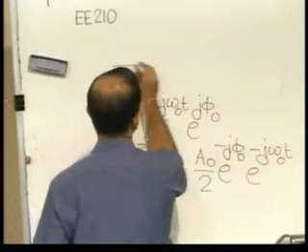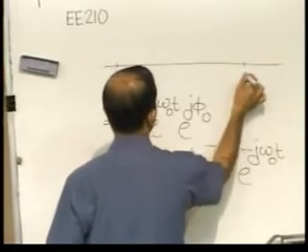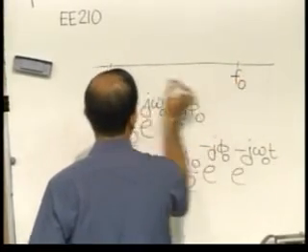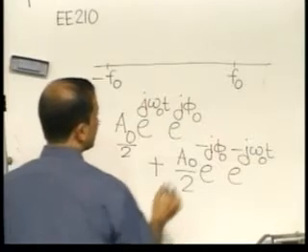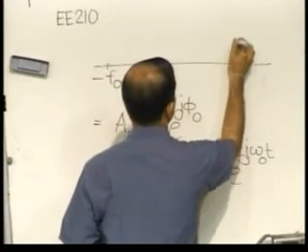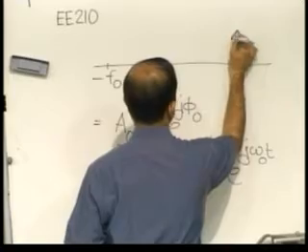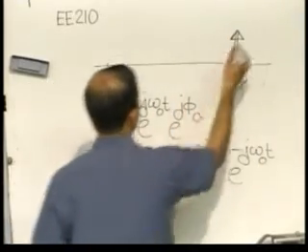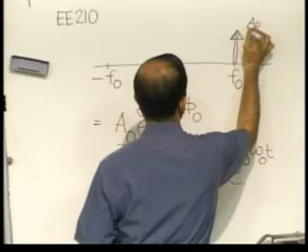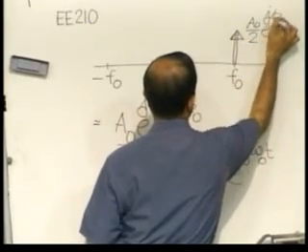What is the spectrum of this function? It's a pair of impulses located at f0 and minus f0. And what are their strengths? The strength here is A0/2 e^(j phi0).